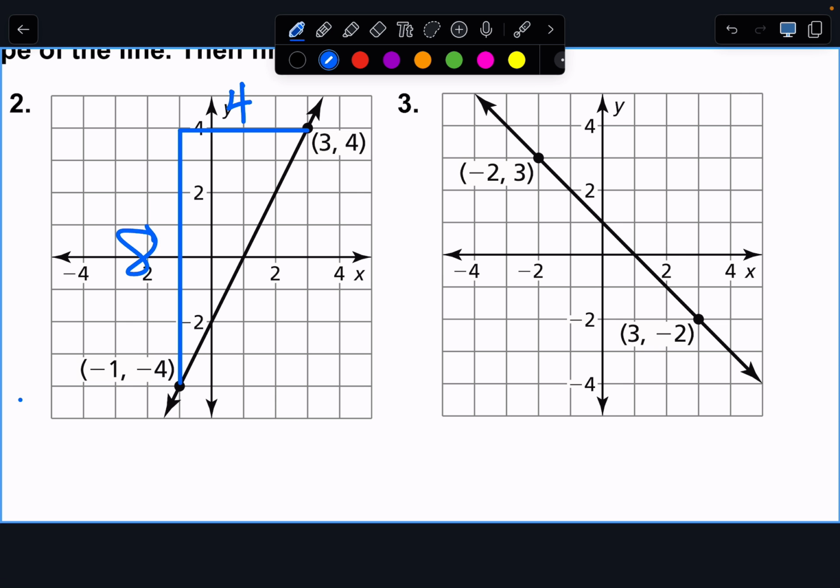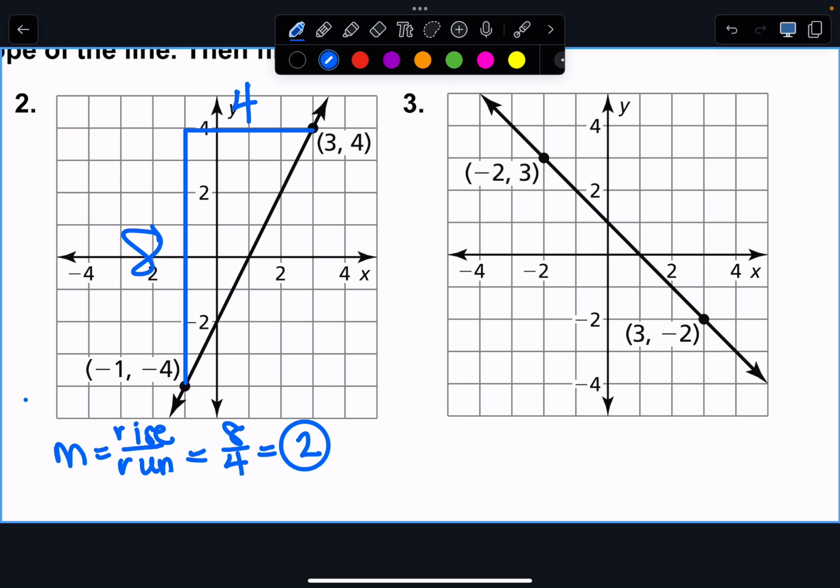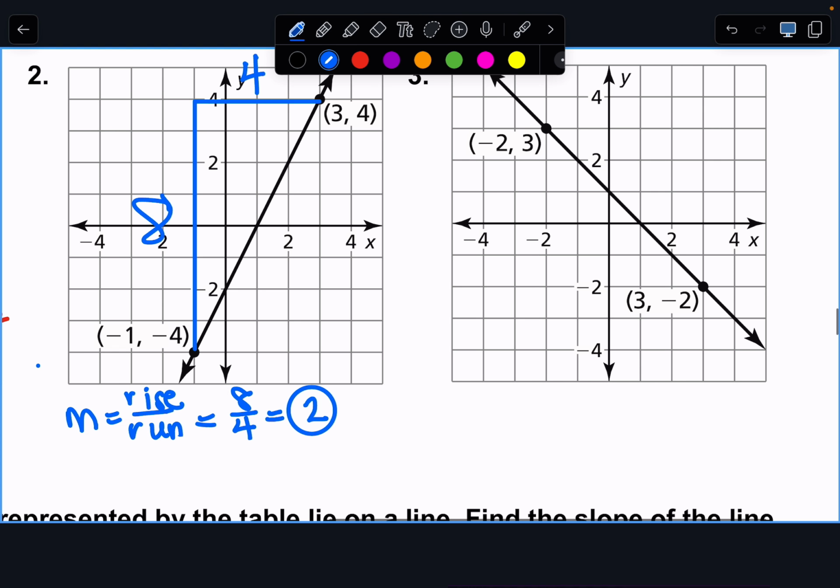So our slope, rise over run, is 8 over 4, which you would simplify to equal 2.